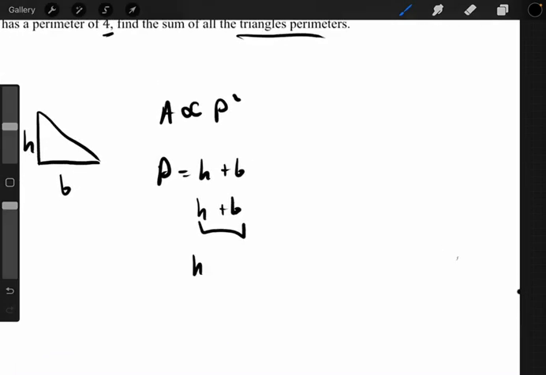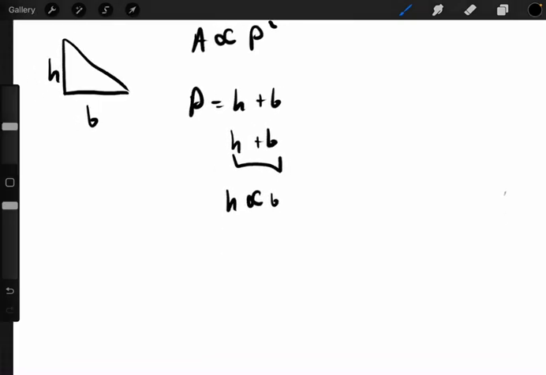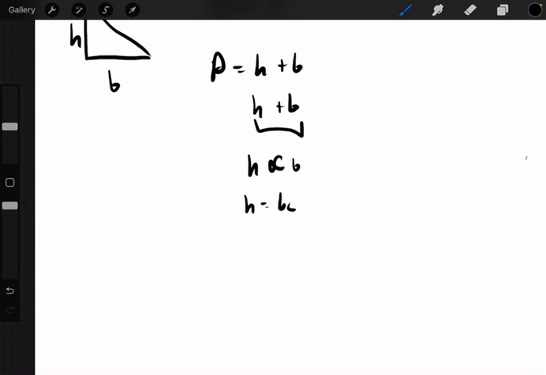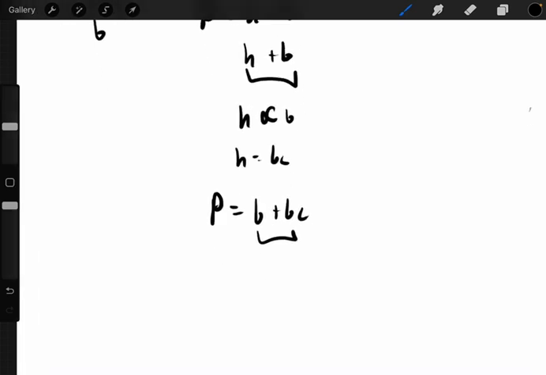So they're both going to increase, which means that if H is proportional to B, then H equals BC. So you'll get something like B plus BC, which means this is going to be increasing at a factor of B squared, and especially when you divide these.